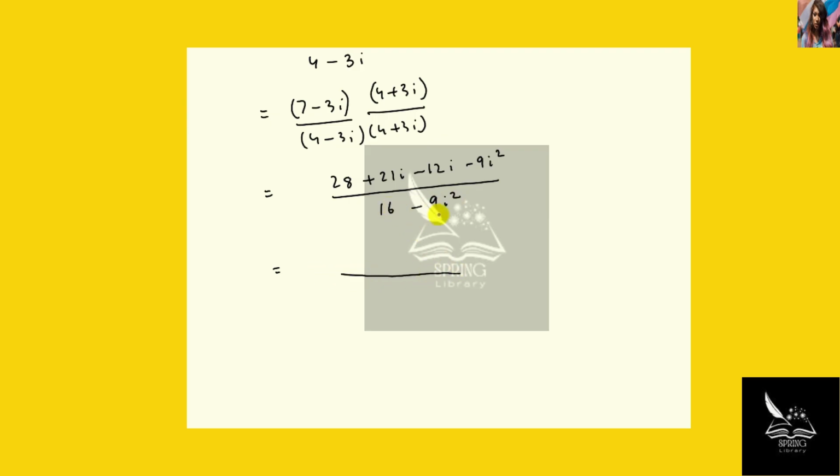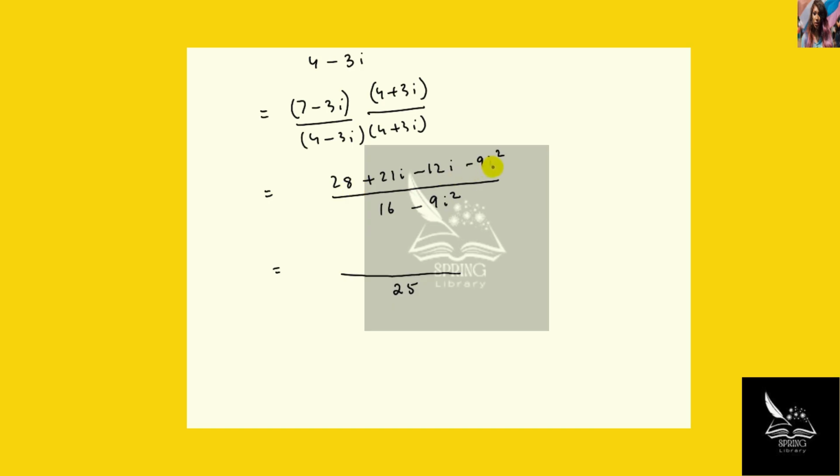In the denominator, i square is minus 1, so minus 1 minus 1 is plus 1, so 16 plus 9, which is 25. So we have 25 in the denominator, and let us simplify the numerator.